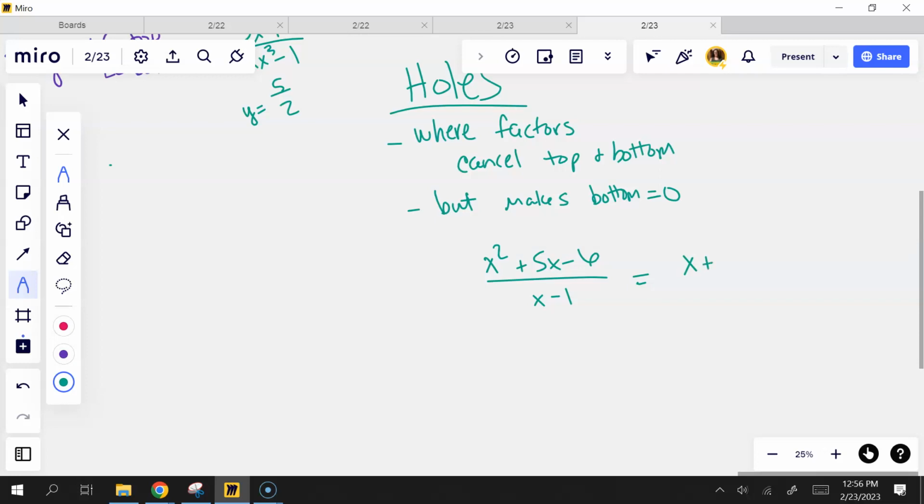It's the same thing as (x plus 6)(x minus 1) over (x minus 1). Do you see that this factor cancels? Because it cancels out, it creates a hole. The hole happens where this bottom equals 0. So this particular one would have a hole at 1.